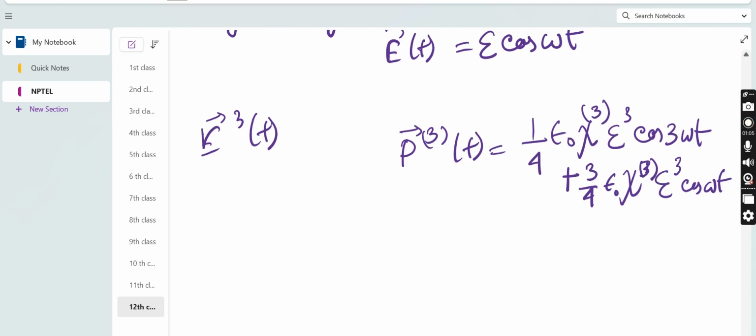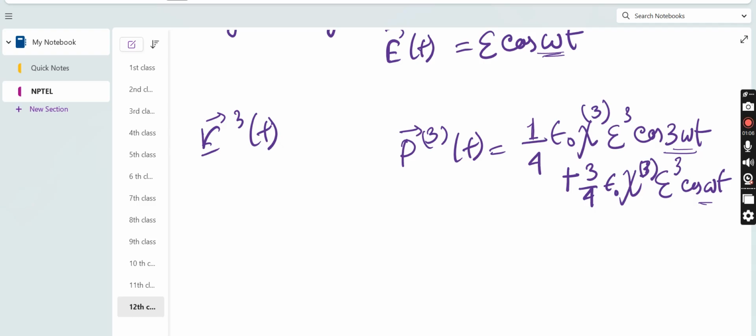So we have taken the electric field of only omega. We could have taken e to the power minus i omega t, and in the polarization we will get a 3 omega component and only omega component.